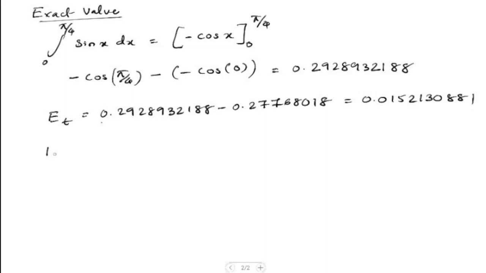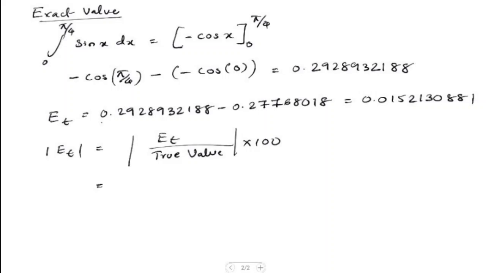And if we want to find the absolute relative true error, that is equal to the true error divided by the true value times 100.